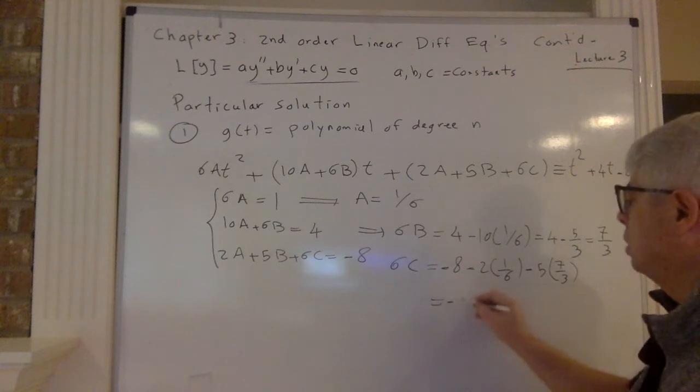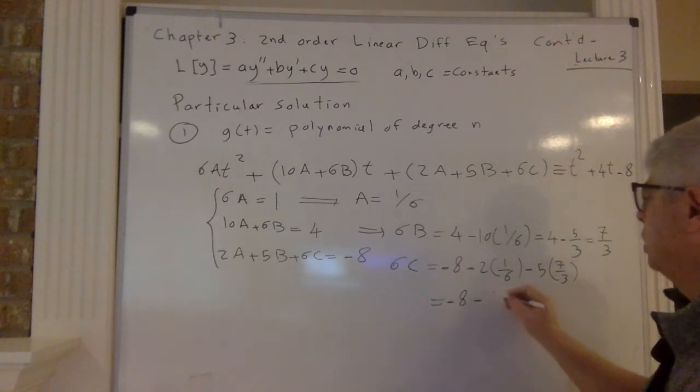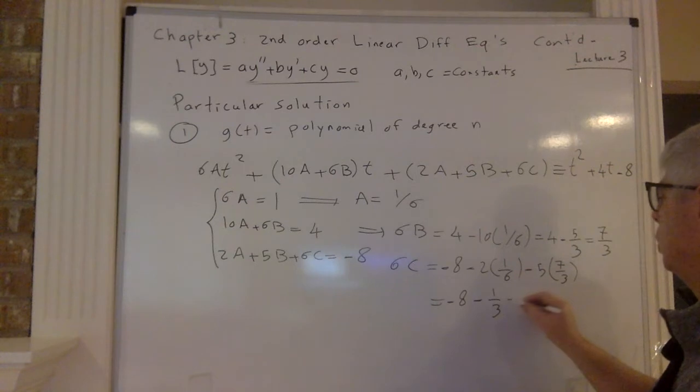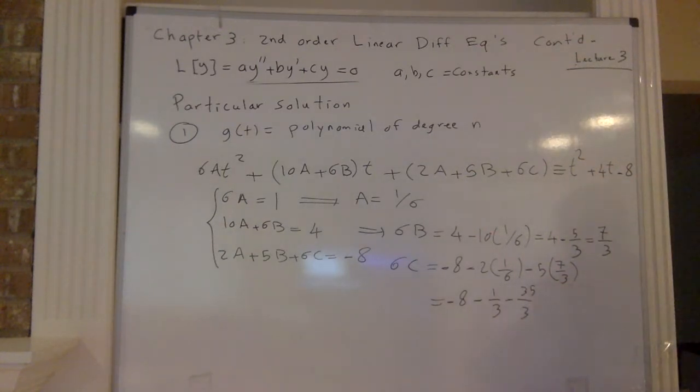So I have minus 8 minus 1 third minus 35 over 3. Okay.